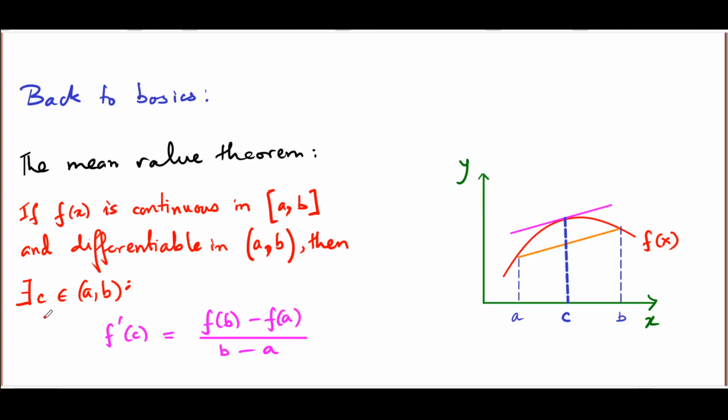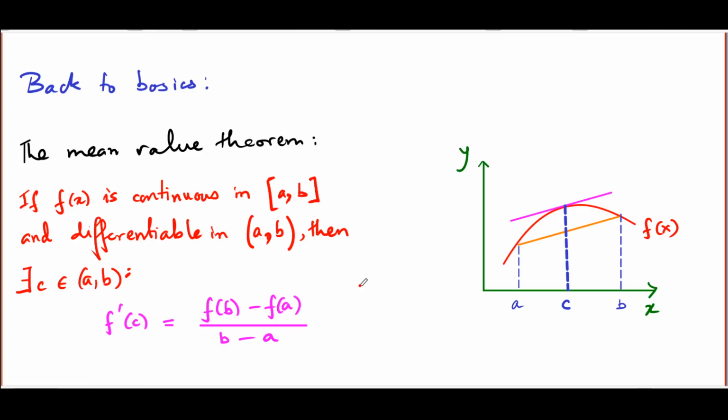There must be a value c somewhere in the interval between a and b, some value of x, at which the derivative of f evaluated at c must be equal to f of b minus f of a divided by b minus a.